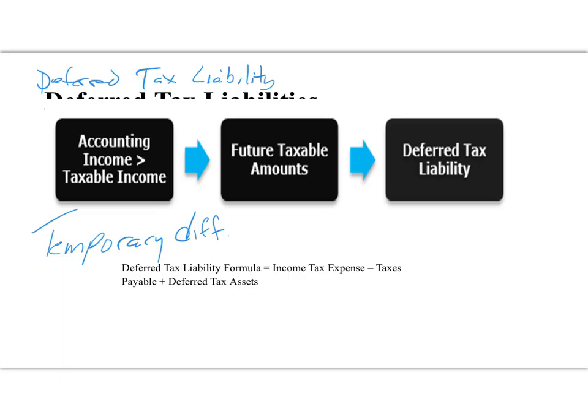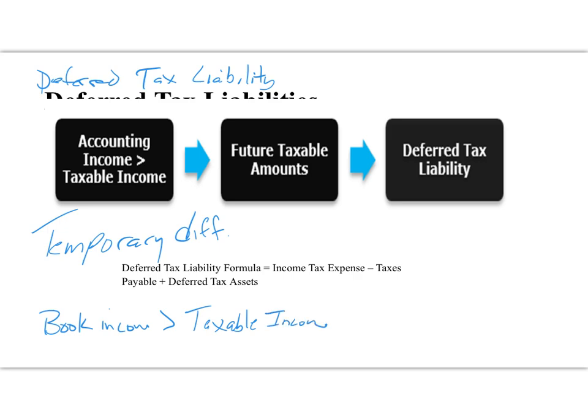It just reverses the other way. In this situation, we have book income that is larger than taxable income.